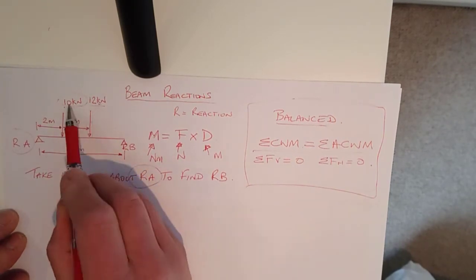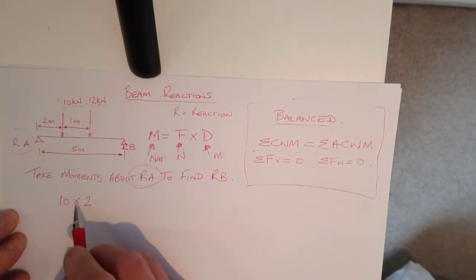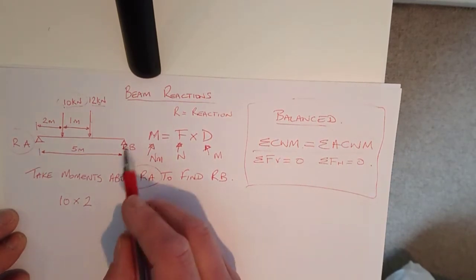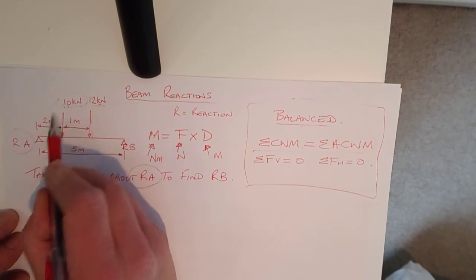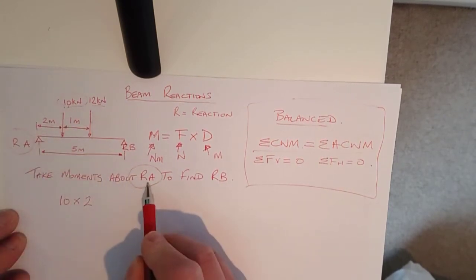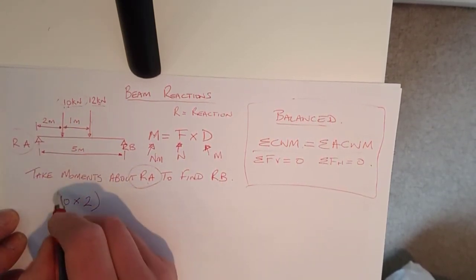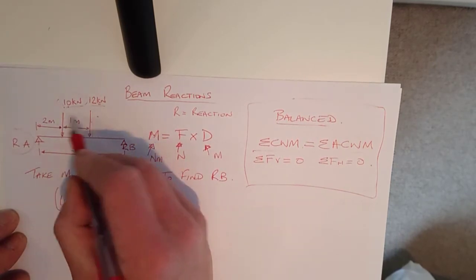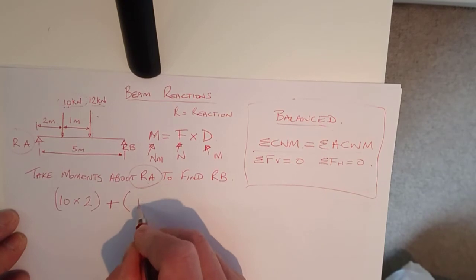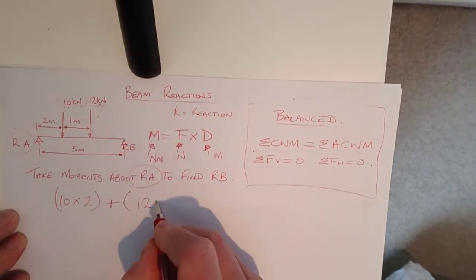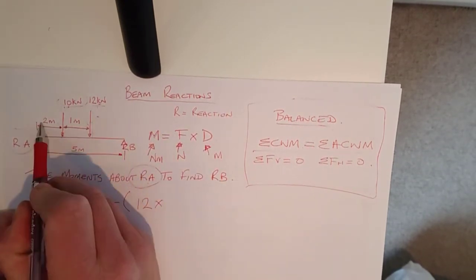But since they're both in kilonewtons, I'm just going to keep it simple, and we'll find that the resultant force acting up the way at RB is in kilonewtons. So 10 times 2, because it's force times the distance back to RA that we've been asked to find. These are both acting down the way, plus 12 times the total distance back to here.